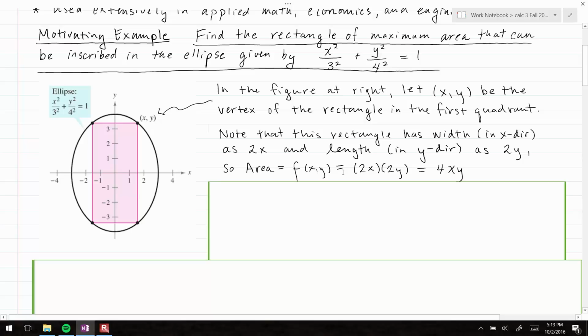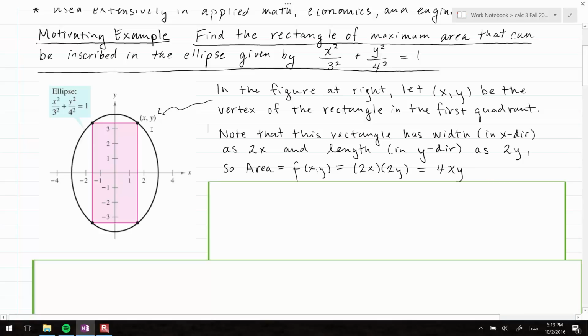And then when you multiply those together, you get the area. So we just made a little equation that we're going to try to maximize or optimize, if we want to put it that way. And we're going to call it f of (x, y), and it's dependent on x and y. And we get 4xy for that.